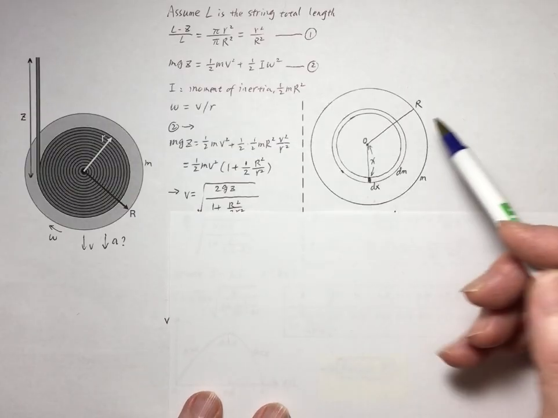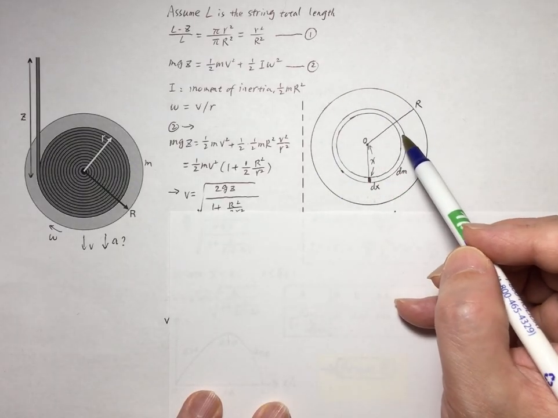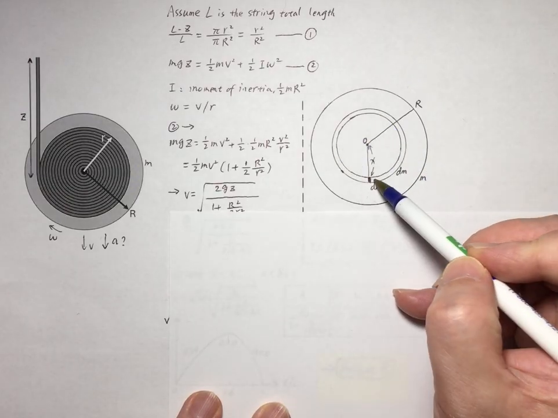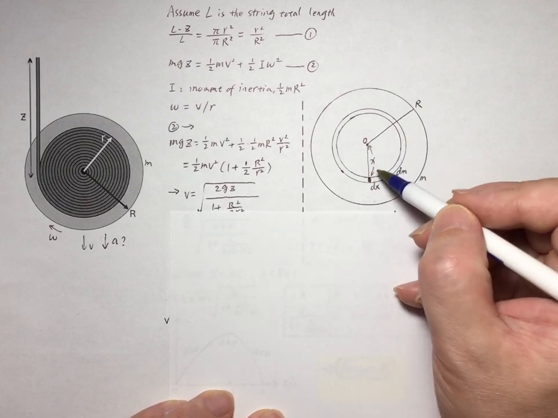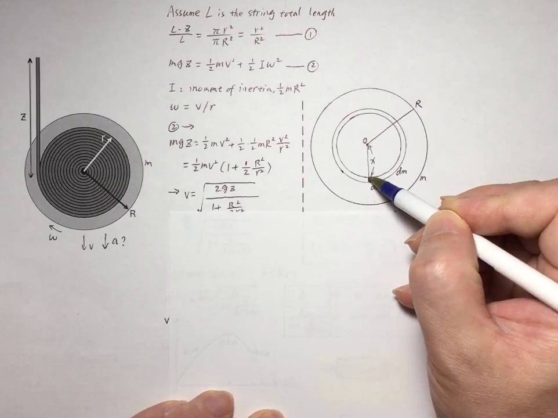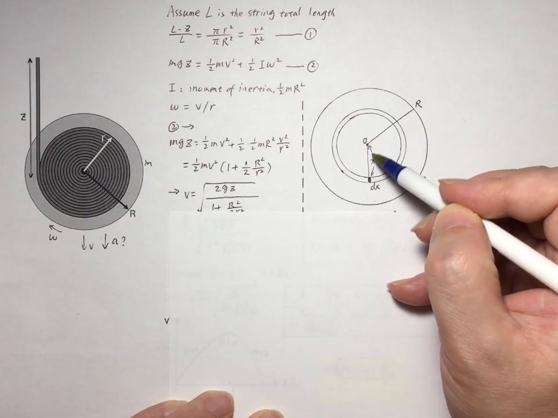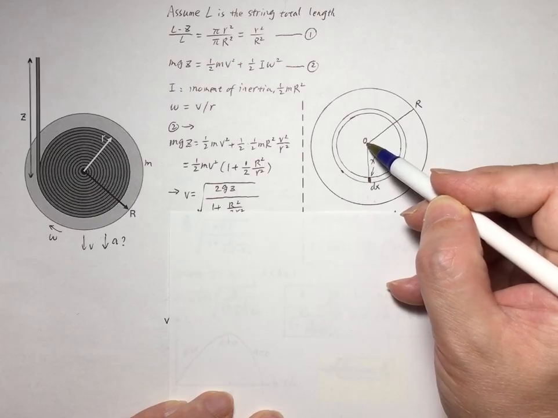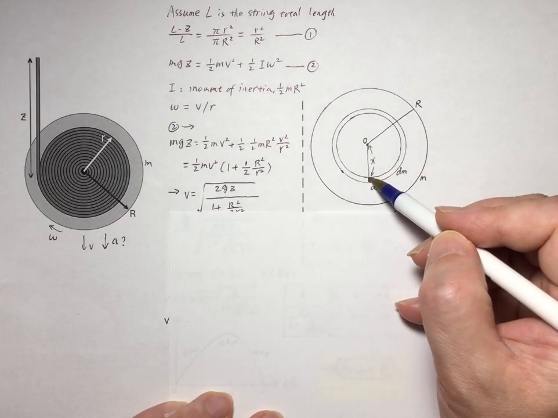So here we draw this yo-yo again. We take a ring with a very small thickness. Assume the ring is at distance x from the origin O, with thickness dx.